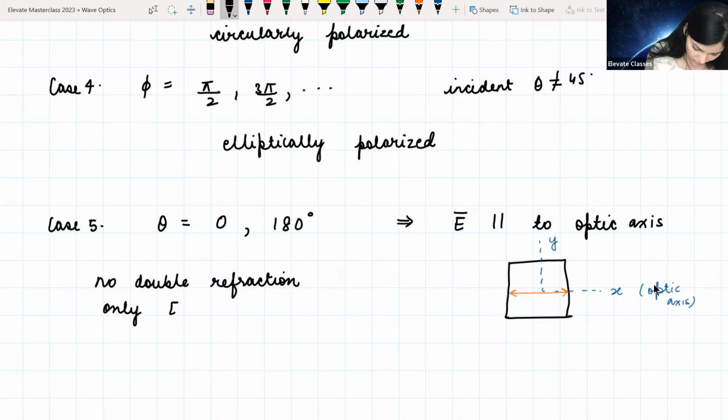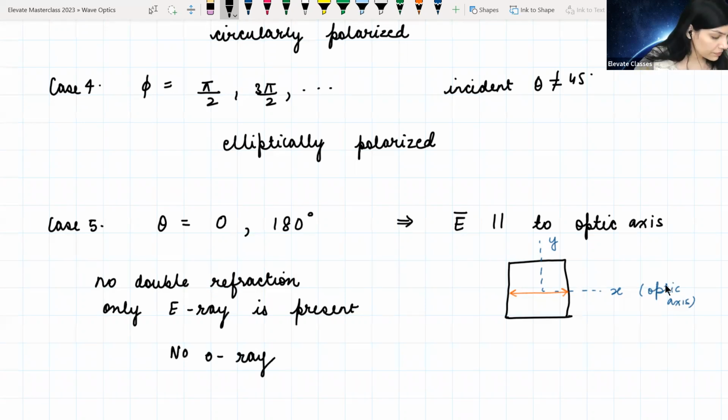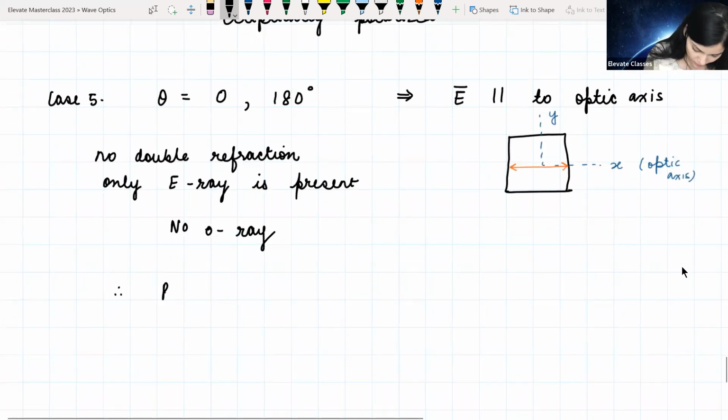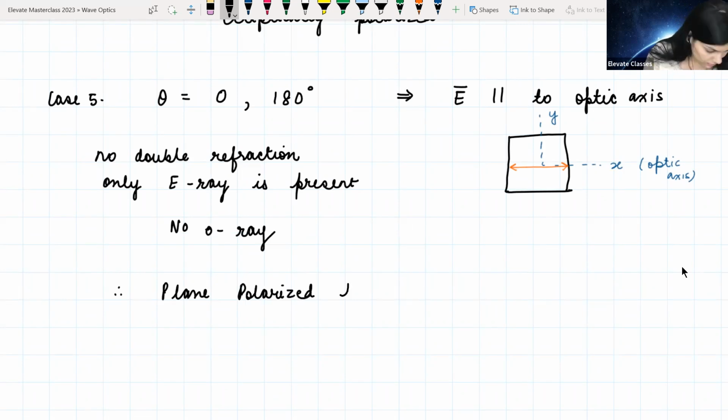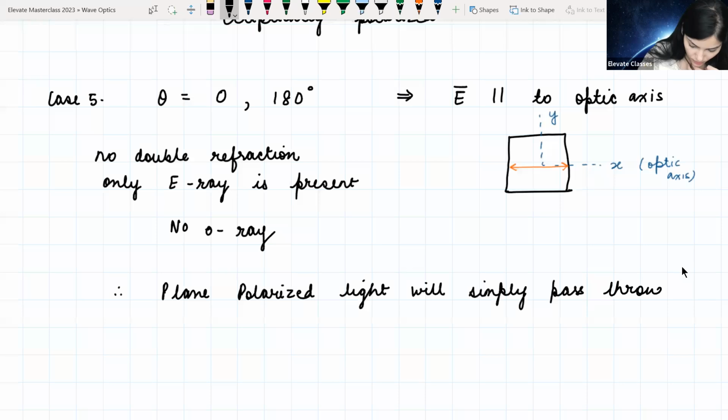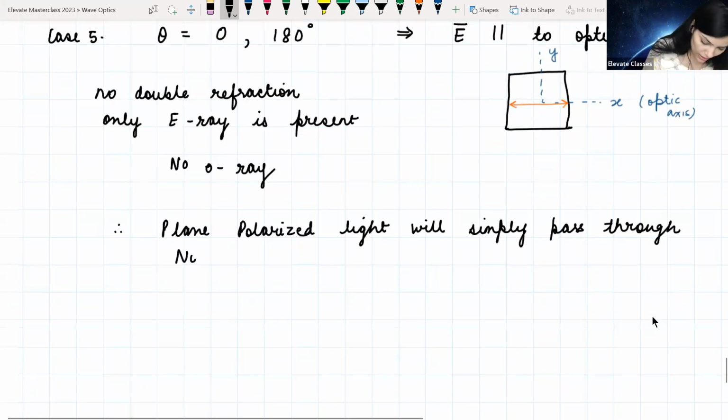So only E ray is present, no O ray. Therefore, plane polarized light will simply pass through. यहाँ पे कोई भी double refraction नहीं हुआ, so there is no way that we can change the state of polarization. So no polarization change.